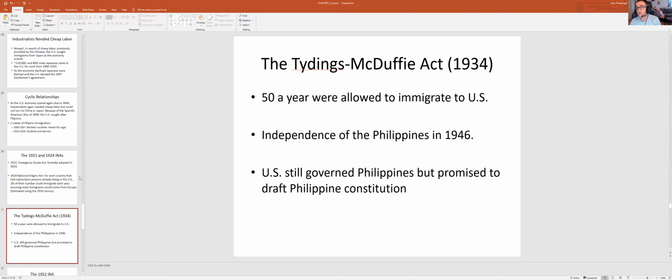Then in 1934, we have the Tydings-McDuffie Act, and this one targeted Filipino immigrants. But let's backtrack a little bit because there's a gap between 1924 and 1934. And what happened there? Yes, the Great Depression. As the economy was getting worse in 1924, you can see that these policies were enacted to favor white Europeans.